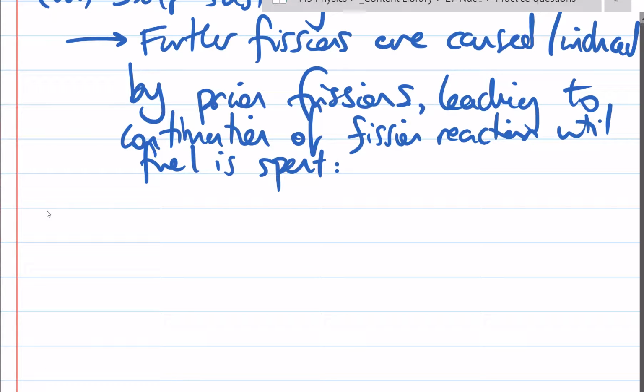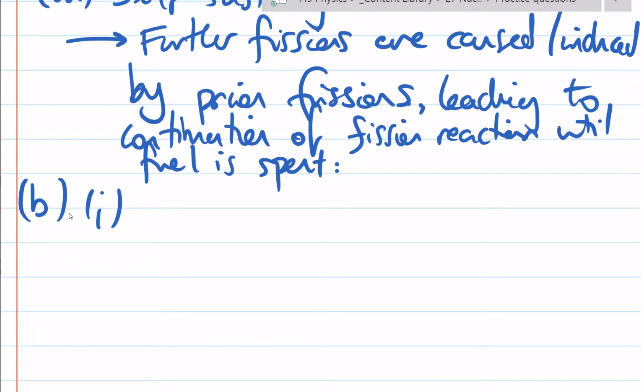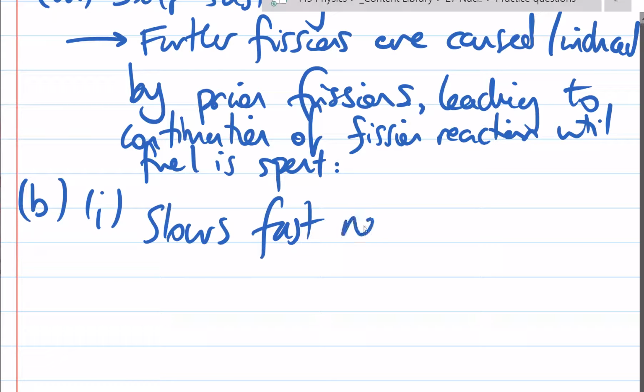For B, talk about moderation. B part 1. The moderator slows fast neutrons to thermal speeds.